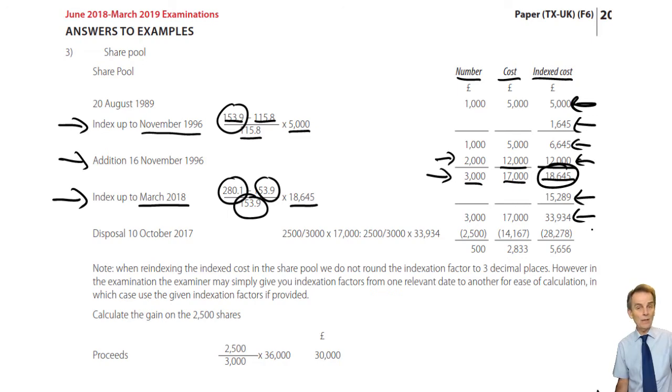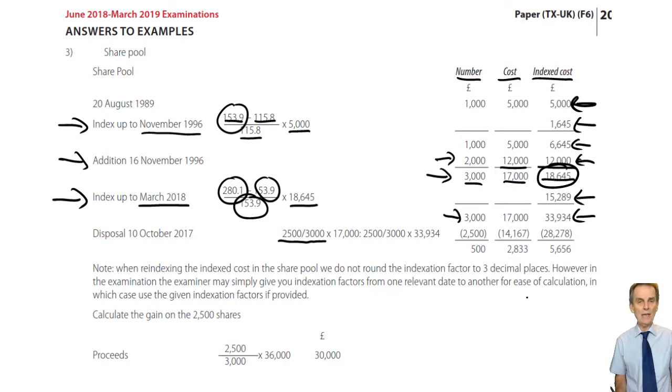We now deal with the disposal. How many of these 3,000 shares are we selling? We know that we've accounted for 500 out of the 3,000 shares being sold on the 10th of March 18, so there was another 2,500 coming out of this 3,000 there.